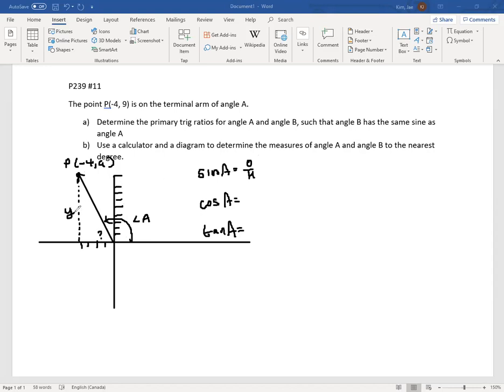But on a Cartesian coordinate, it's the same as writing y over r, which means we're going to have to know what the radius is. Cosine at the same time is x over r, and tangent is going to be y over x. So let's figure out what the radius is.